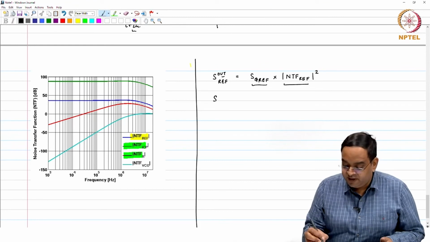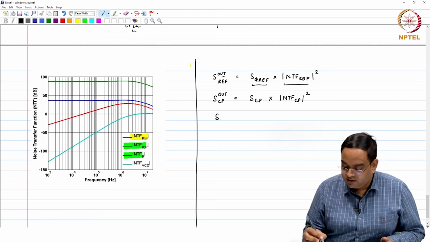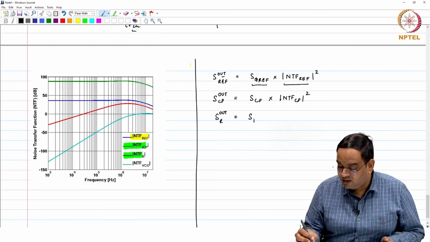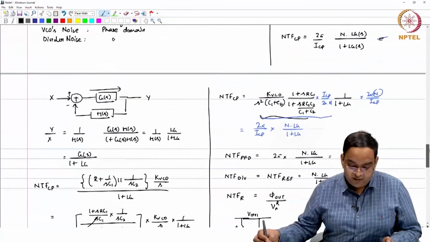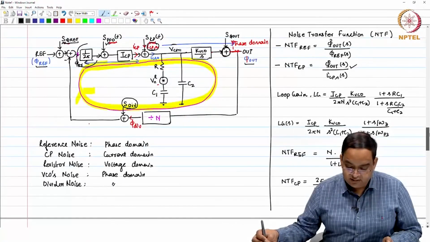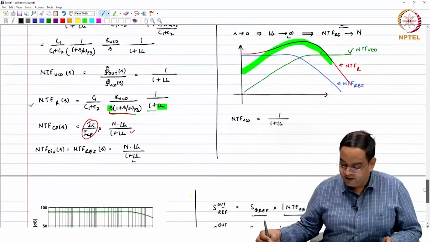Okay. So, the noise power spectral density gets multiplied by the noise transfer function squared to give you the output noise due to reference. Similarly, the noise at the output due to charge pump is your charge pump noise multiplied by the noise transfer function for charge pump. The noise at the output due to resistance is going to be the noise power spectral density due to the resistor, which we have been writing as VNR, right.